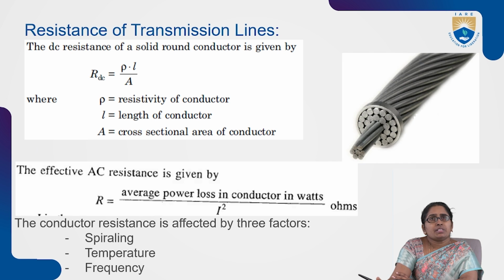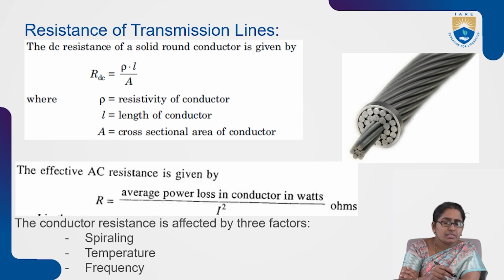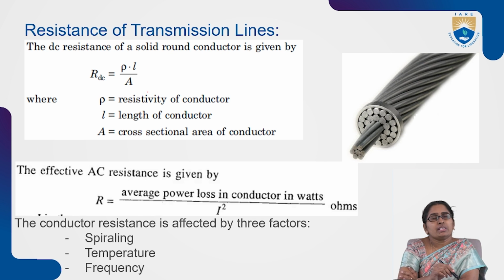The DC resistance of a solid round conductor, that means when the flowing current is DC, is given by this basic expression in terms of resistivity: R equals rho L by A, where rho is the resistivity of the conductor, L is the length of the conductor, and A is the cross sectional area of the conductor.